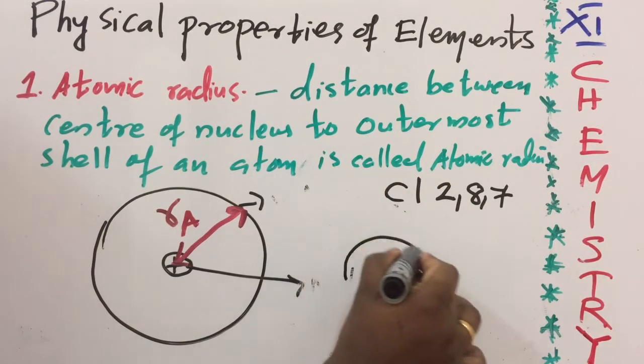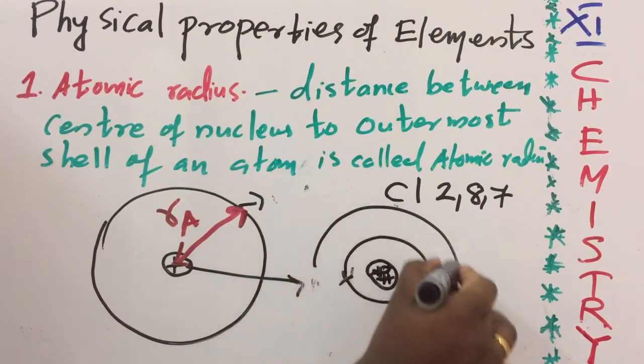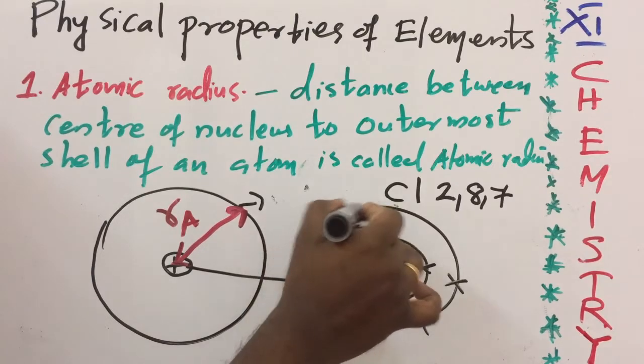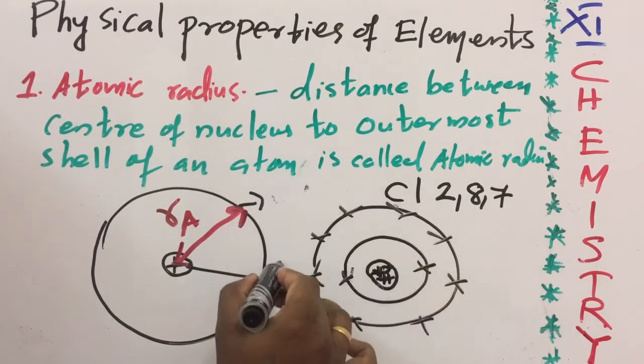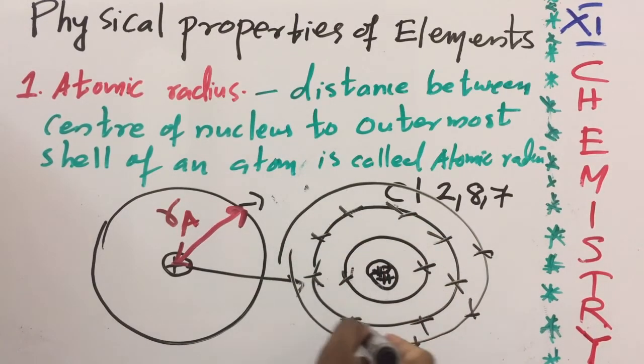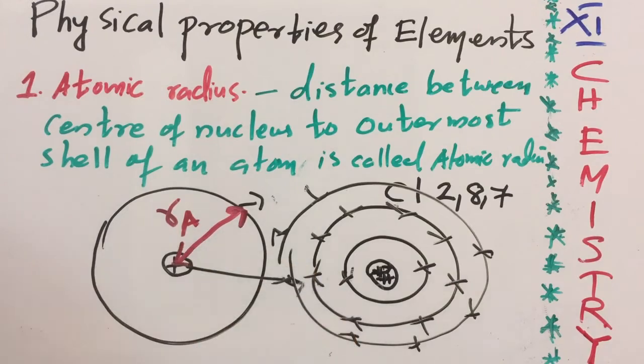Then 2 electrons revolve around the K shell, then 8 electrons around the L shell, then 7 electrons around the M shell. Okay, this is the Bohr model of chlorine.